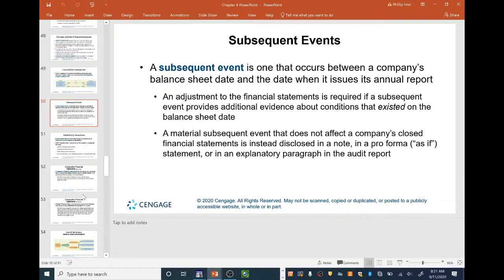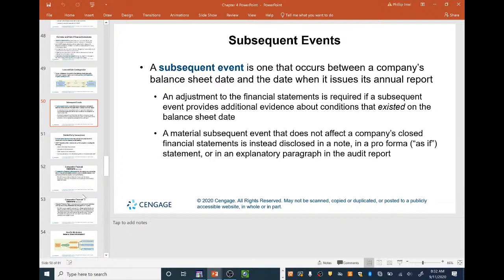Pretty much what it's saying is if we get new information within that subsequent event period, from the balance sheet date to the date the statements are coming out, and it relates to something that happened within the reporting period from January 1 to December 31st, we need to adjust our statements for that before we issue them. Makes sense too, because the statements that are going to be issued reflect what happens during the reporting period, right? So even though the information was available after, it was still within the period before it was issued, so we need to make sure we adjust it, okay?